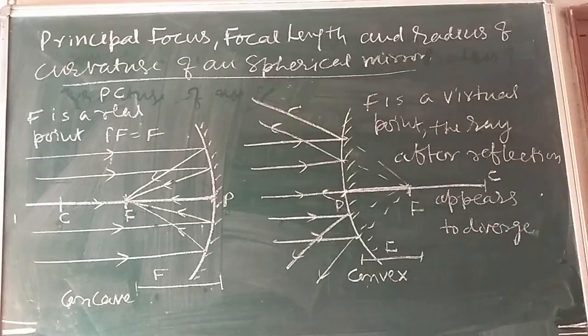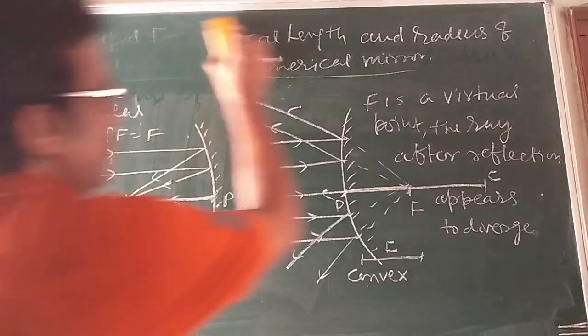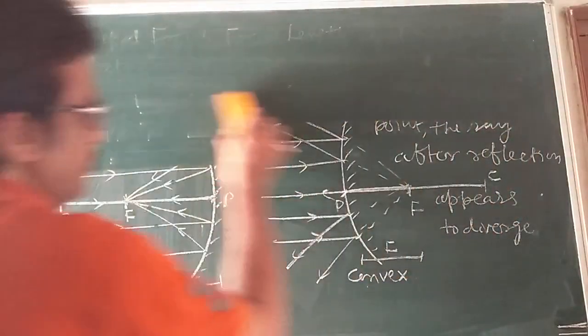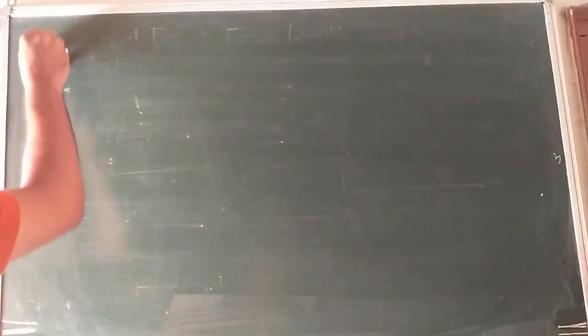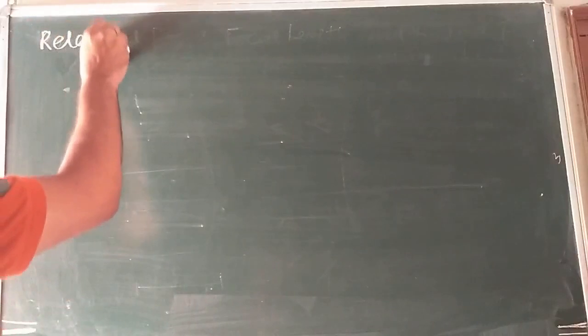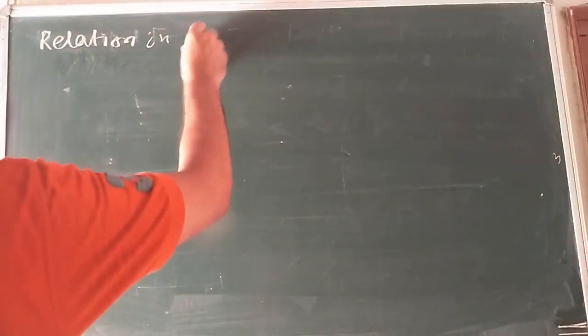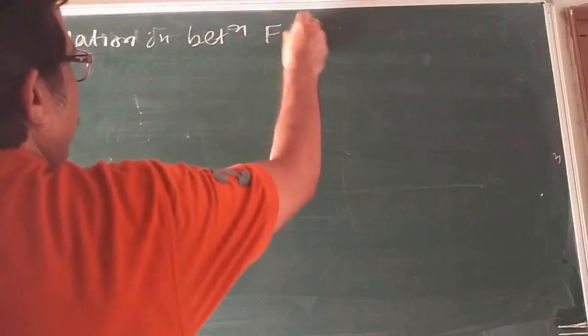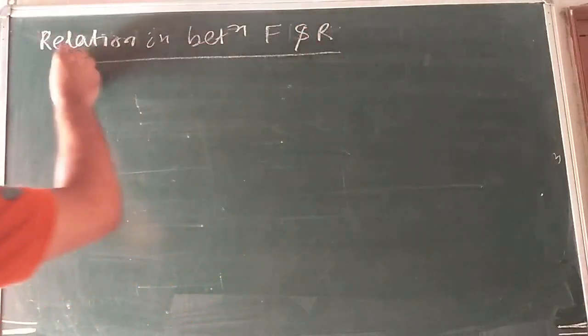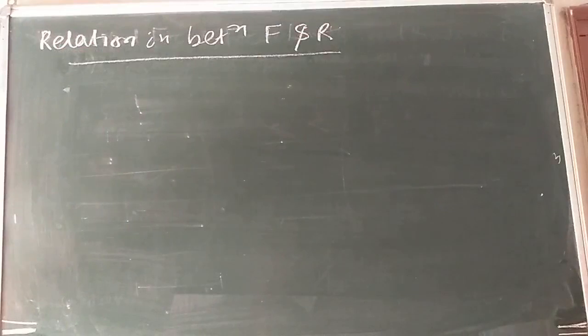Now, we are going to see the relation between focal length and the radius of curvature for a concave mirror.